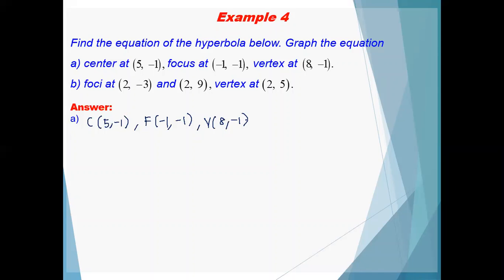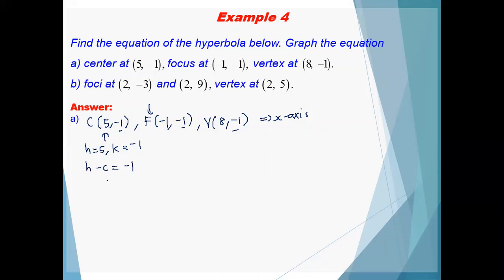From here we know it is along the x axis, since y does not change. So h is 5, k is equal to -1. This is the focus, so h plus c is equal to -1.